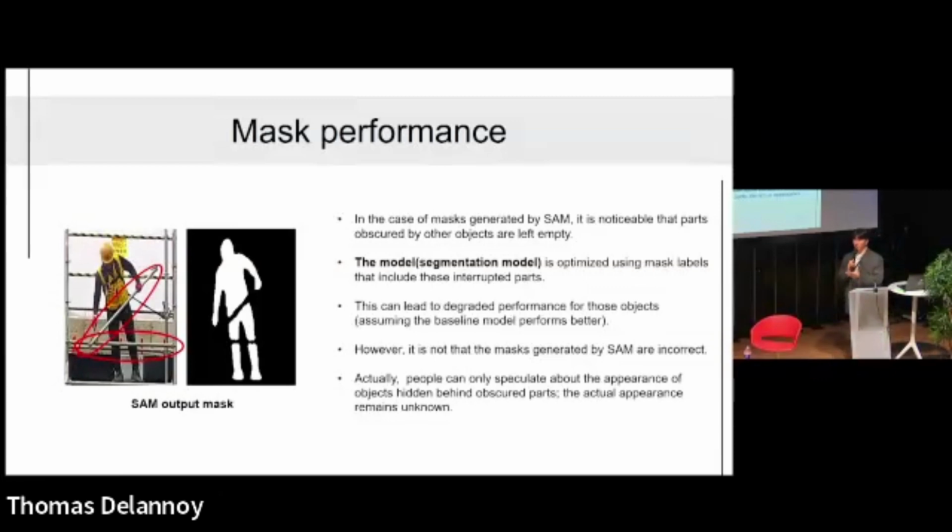We cannot know what is behind the hidden part. People can only guess what is behind, so the mask label data generated by SAM are considered correct. Optimizing the model with this data decreases worker performance.